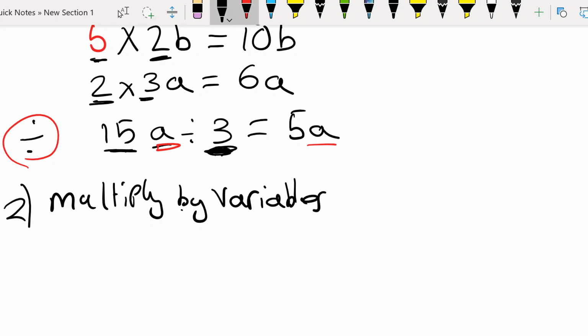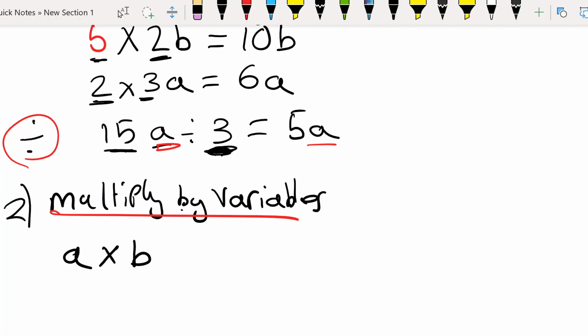Well, it's easy. If you ever remember your indices laws, we're not going to cover them just yet because it's a little bit complicated, but we'll just look at our expressions. If I have one variable, say a, and I want to multiply it by another variable, say b, I join the two variables together.